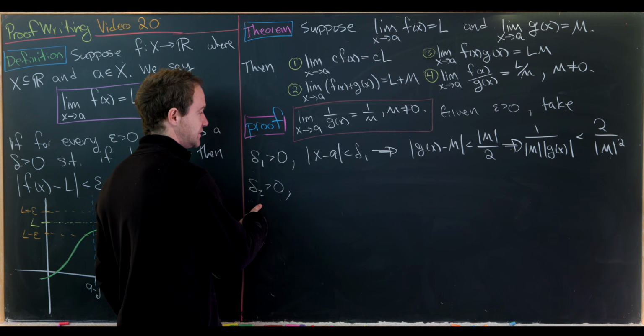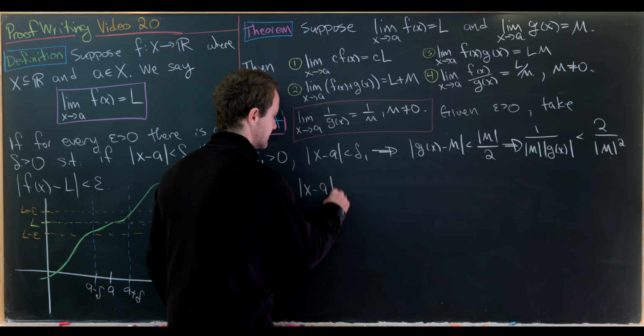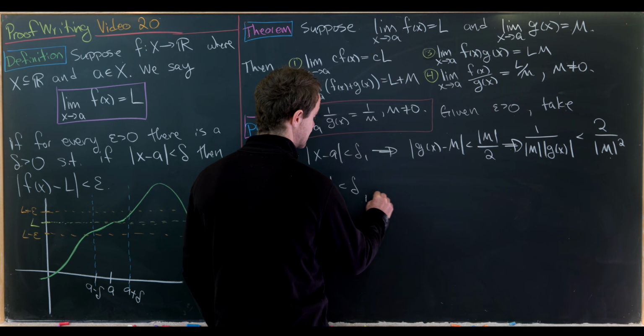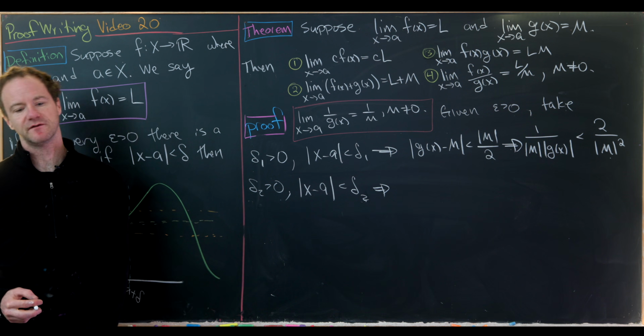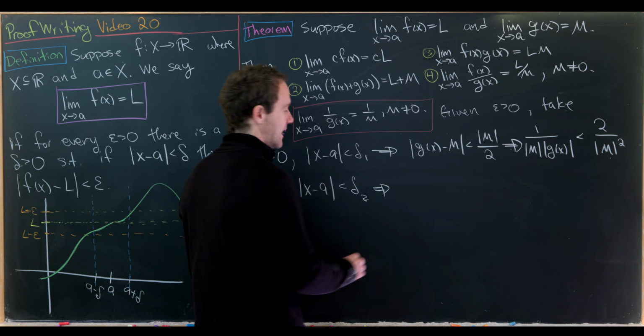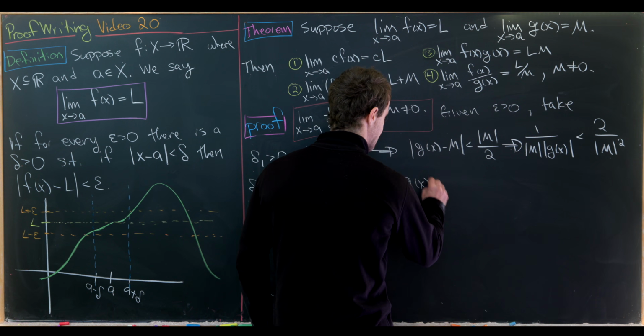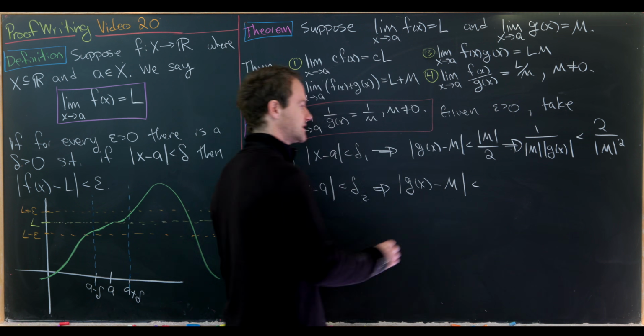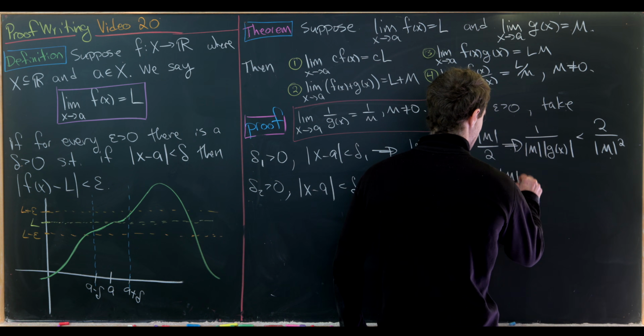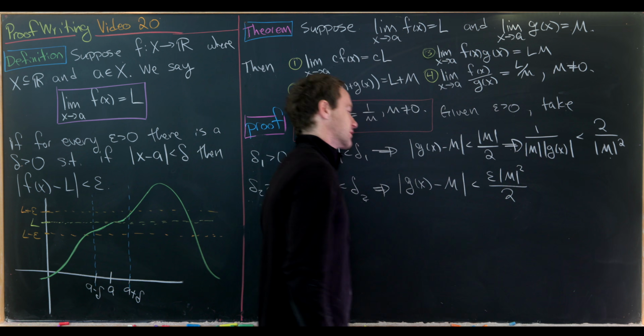Okay, now we're ready to talk about our delta 2 choice. So we'll choose delta 2 bigger than 0 such that the absolute value of x minus a less than delta 2 implies the following. And you'll see all of this come together. So we'll have the absolute value of g of x minus m is less than epsilon times the absolute value of m squared over 2.